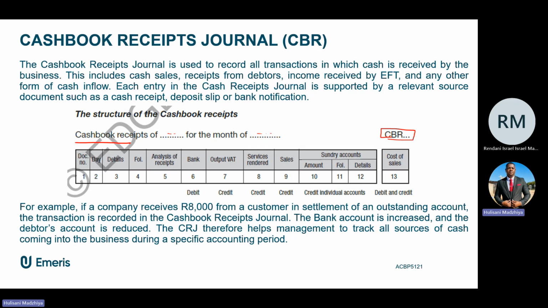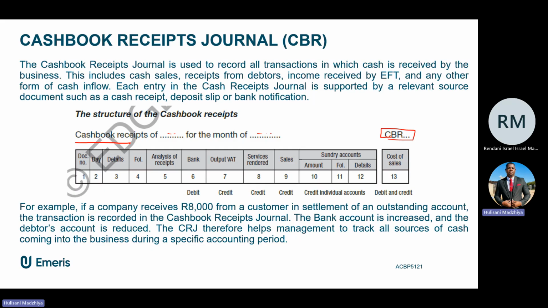What's mostly important is to understand that every month there will be a cash book receipt open for that particular month, and it will be given a name. If you go for a cash book receipt in May, it will be cash book receipts 5. If you go for cash book payments in June, it will be written cash book payments 6.